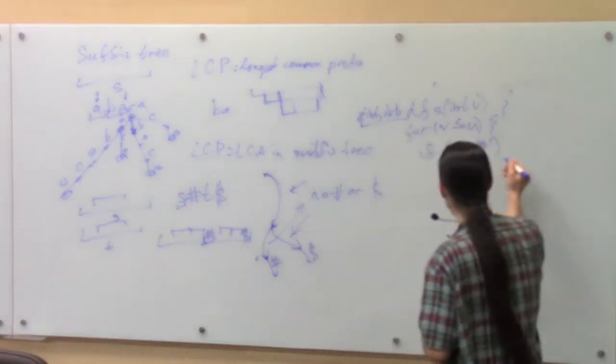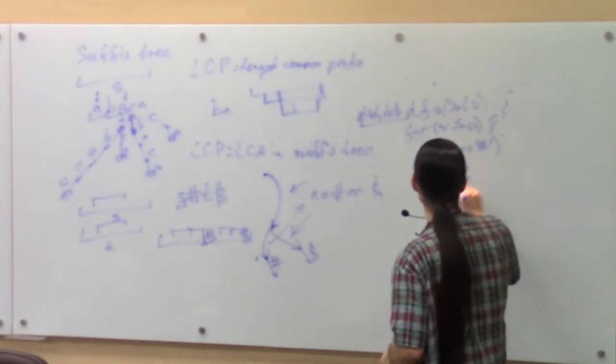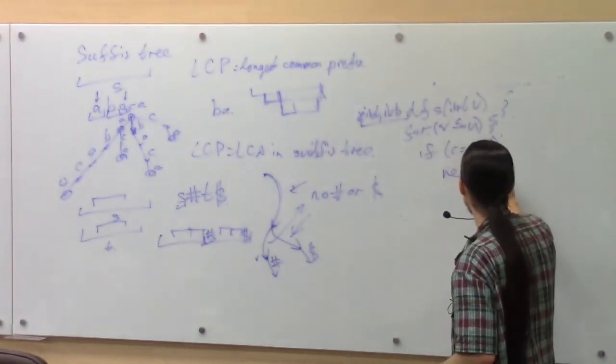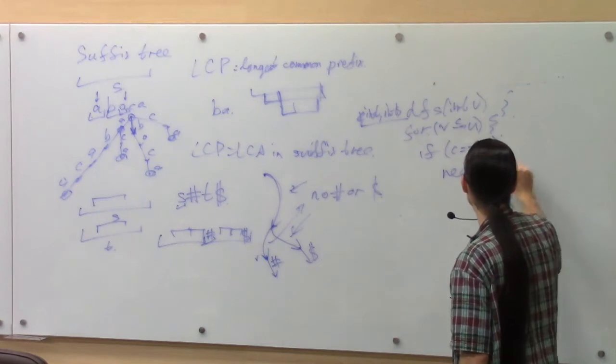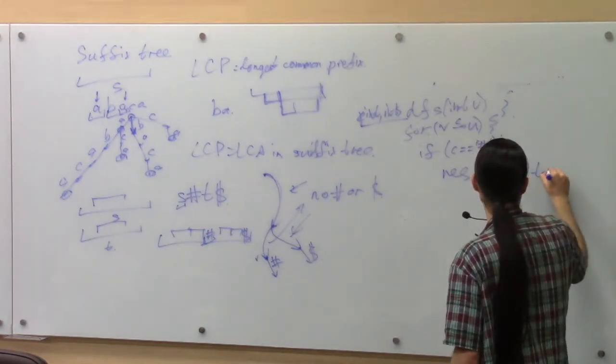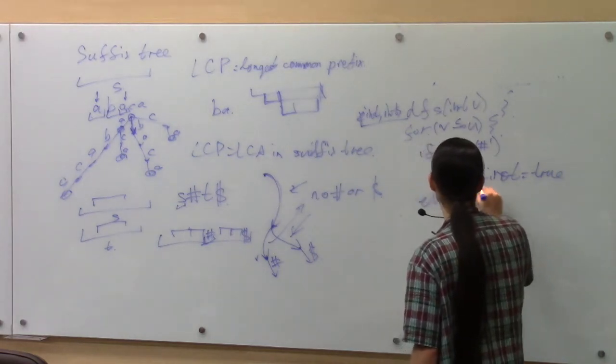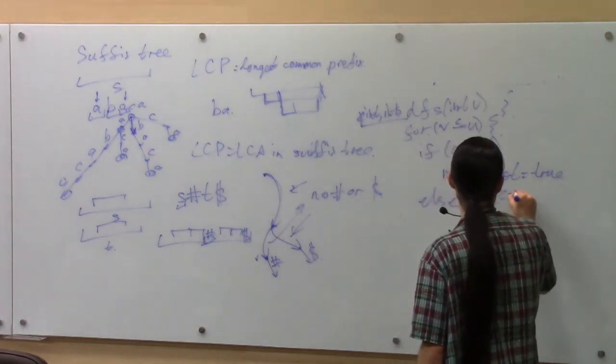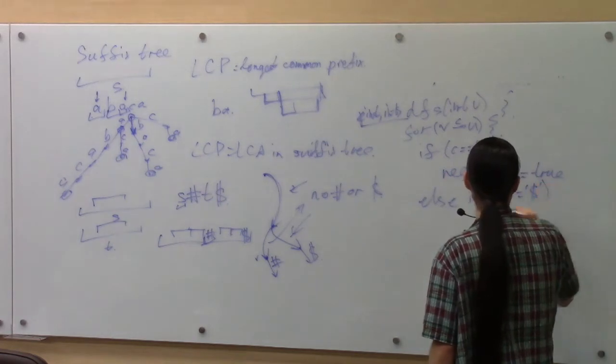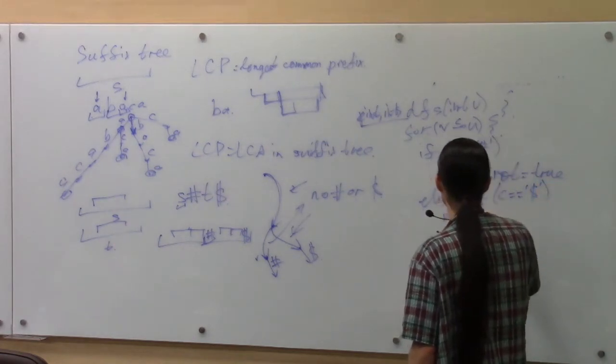So if this happens, then the first part of the result is true. Else, if C is equal to the other ugly character, then the other part of the result is true.